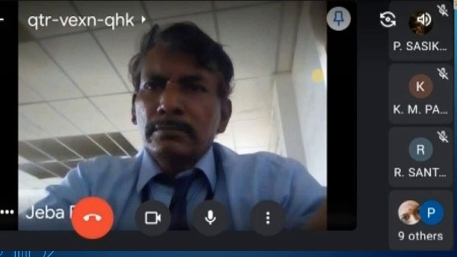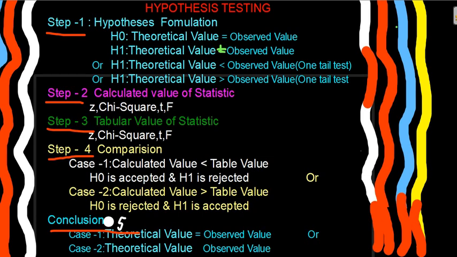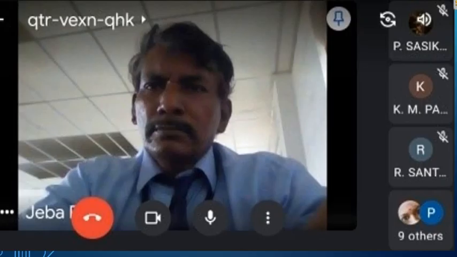The other one is called the alternative hypothesis, and we denote it by H1. Null hypothesis means H0, and the alternative hypothesis we take as H1. The alternative hypothesis is exactly opposite to the null hypothesis.